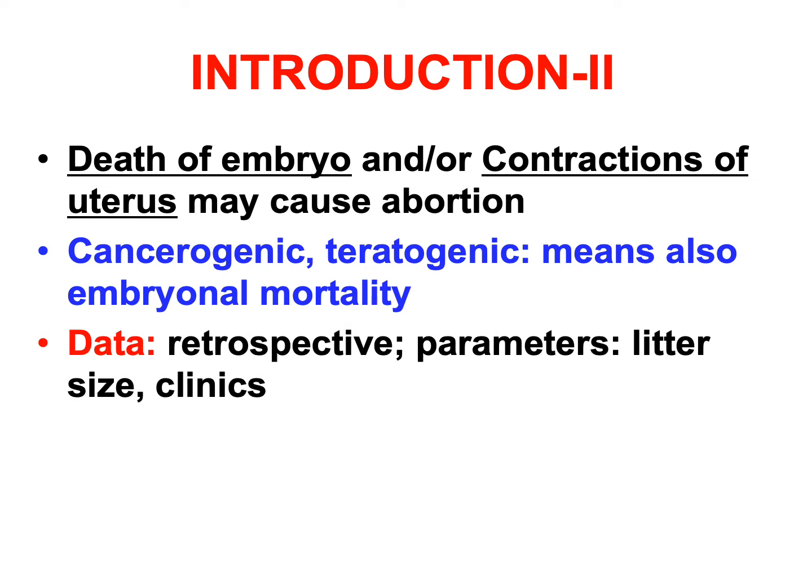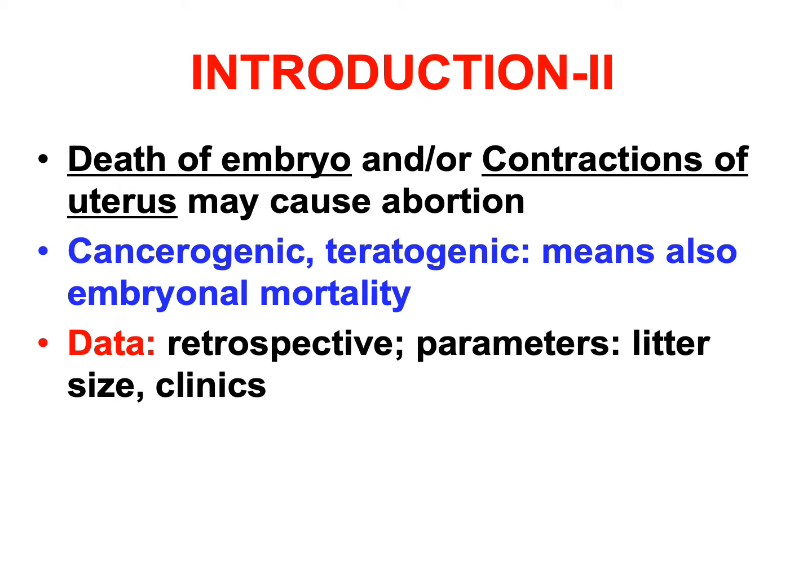The data are many times retrospective. In a big breeding farm of breeding sows, you can only see the parameters at the end of the year that the average litter size decreased or the number of the newborn piglets decreased.